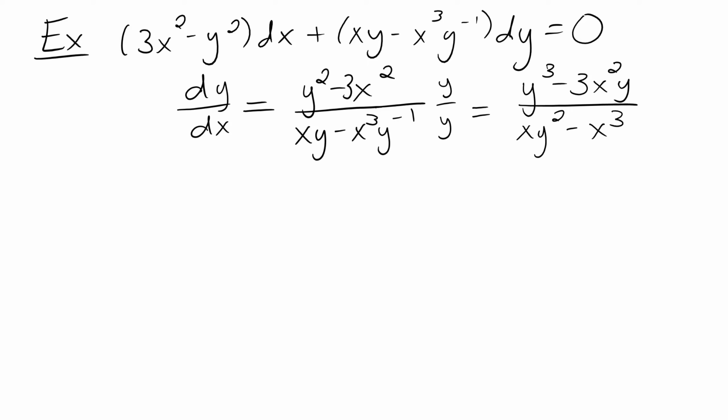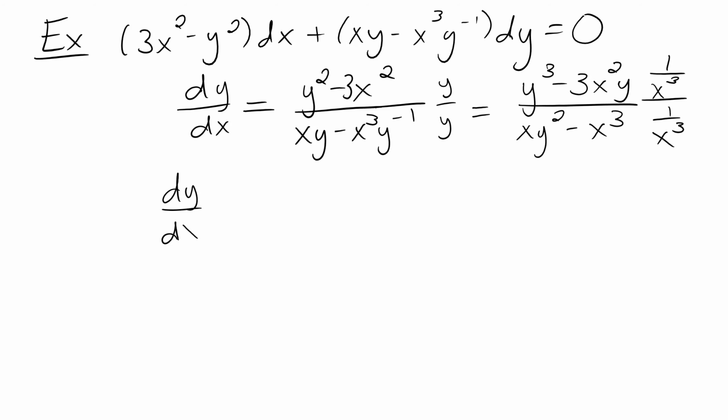I'm looking for those pieces, if I have something like this, to have the same power so that I can try to get y over x everywhere. All right, I need y over x everywhere. Well, since everything is cubed, now I'm going to do a weird thing of dividing everything through by x cubed.